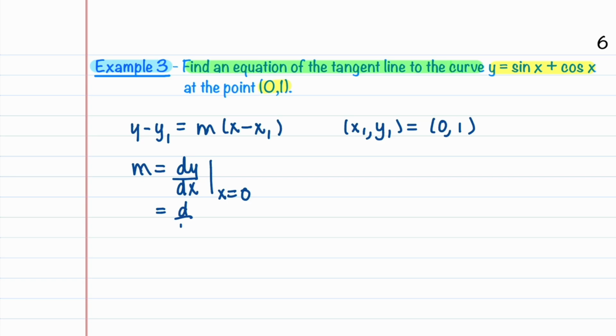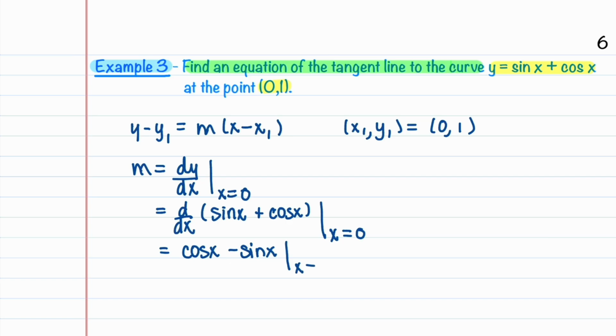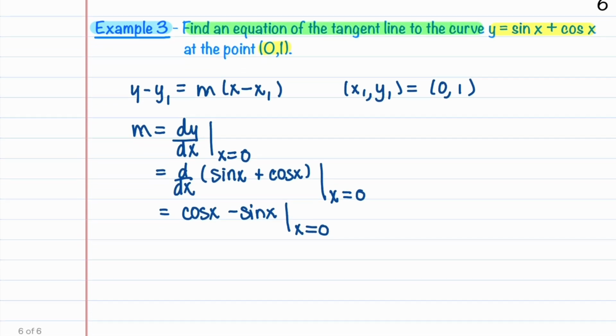The derivative is the derivative with respect to x of sine x plus cosine x, and we're going to evaluate that at x is equal to 0. The derivative of sine x is cosine x, and then the derivative of cosine x is minus sine x, and we're going to substitute in that x is equal to 0.